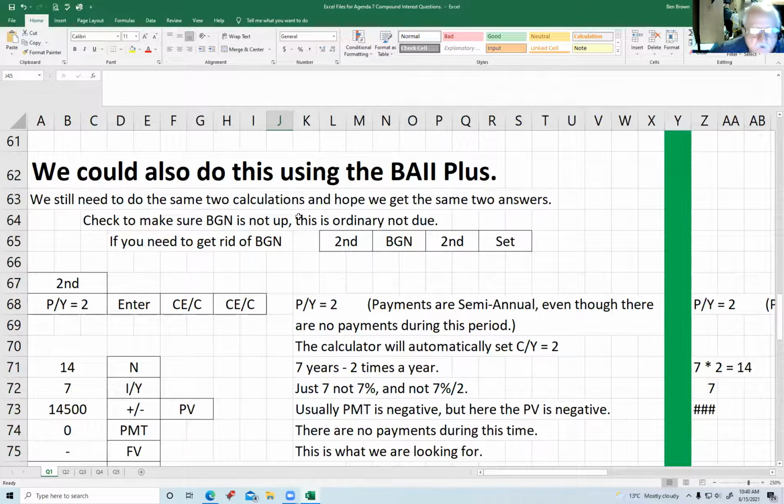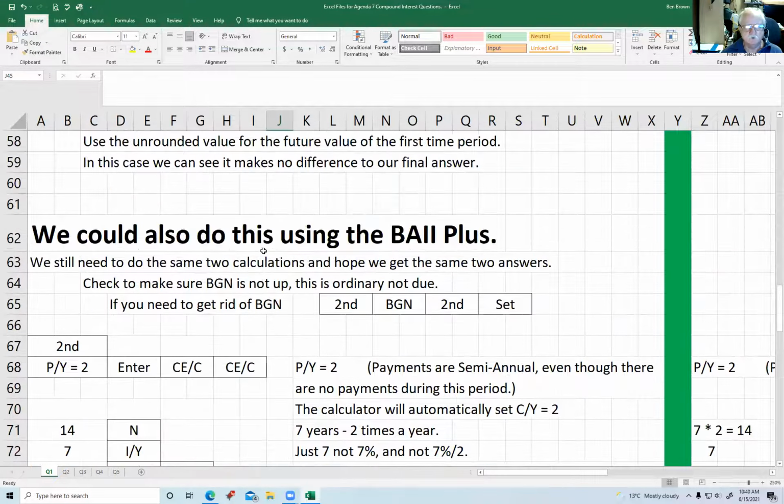And it's probably easier or more convenient to do it on the BA2 Plus. Make sure the BGN is not up, right? So if it is up, you can get rid of it.